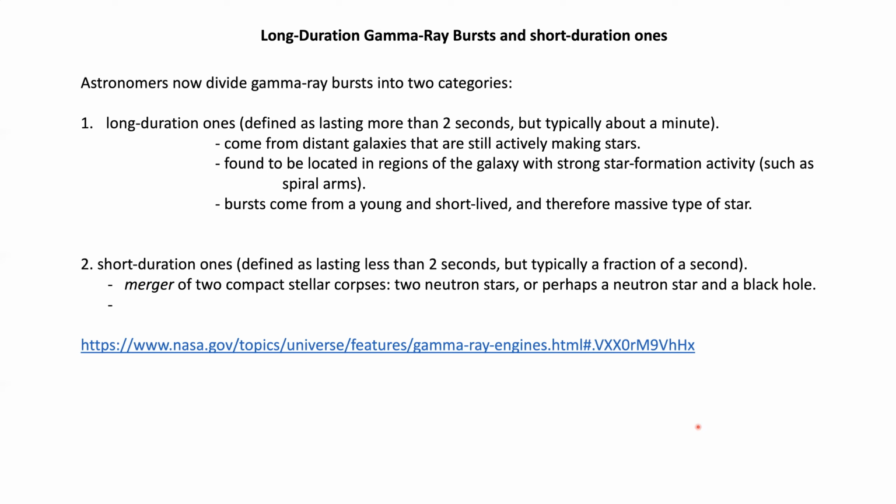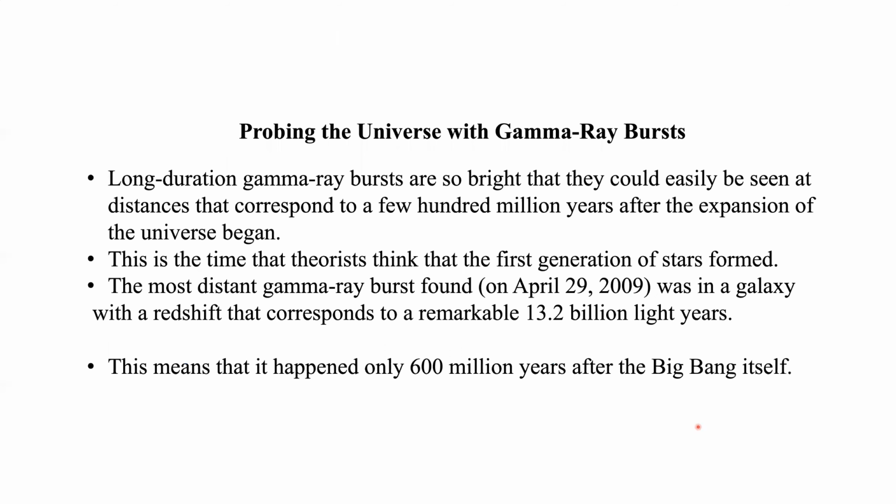So if two neutron stars merge together, or if a neutron star and a black hole merge together, these processes will be very violent, which will emit a huge amount of energy. And this may be the reason for these short duration gamma ray bursts, right? So that's what it means, right?